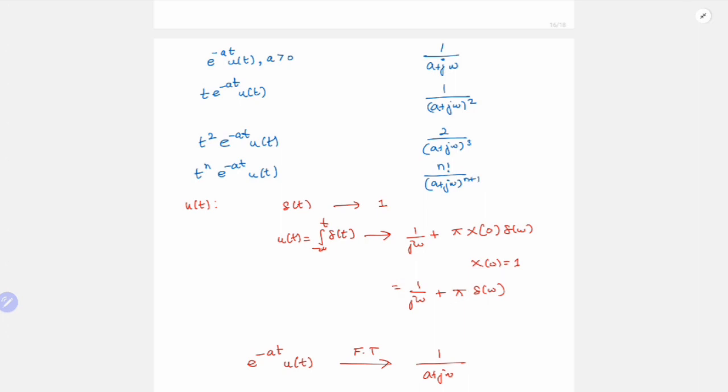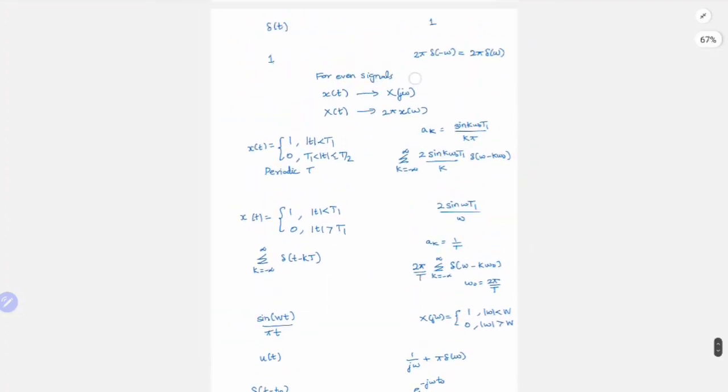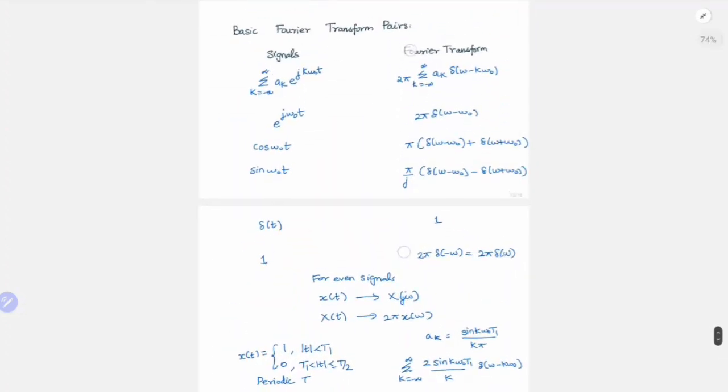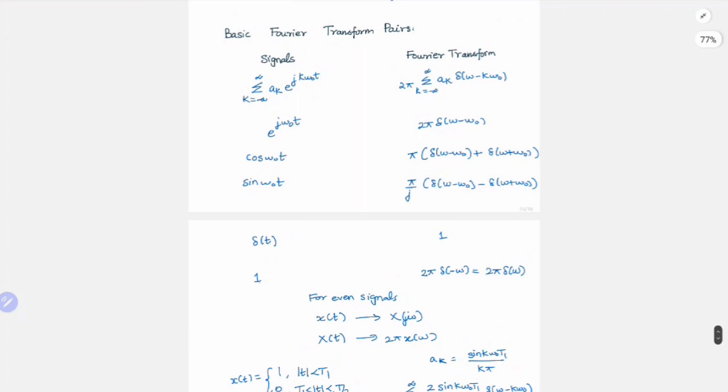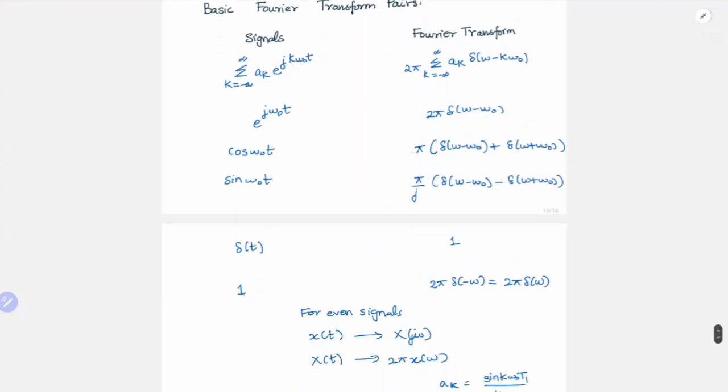Okay. So these are our basic Fourier transform pairs. We can use this in combination with the properties to find many other Fourier transform pairs as well. For example, if you want to find cos omega t plus sin omega t, you just add them, right? And if you even want to find cos 2 omega t, you just do the time scaling property.